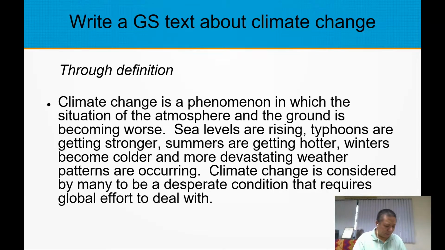Now, you can write a general to specific text about climate change using a definition. Climate change is a phenomenon in which the situation of the atmosphere and the ground is becoming worse. Sea levels are rising, typhoons are getting stronger, summers are getting hotter, winters become colder, and more devastating weather patterns are occurring. Climate change is considered by many to be a desperate condition to deal with.